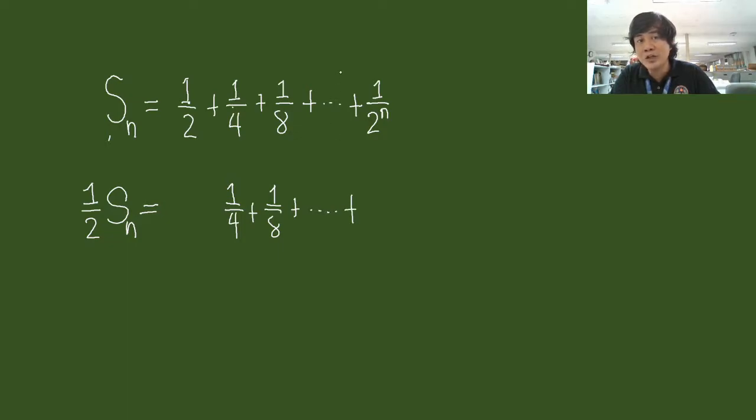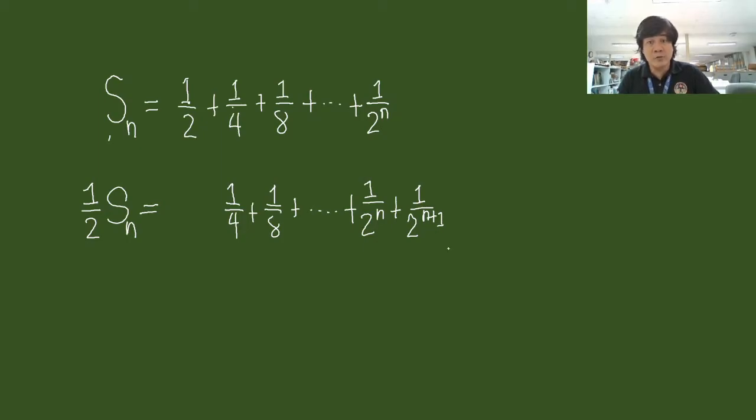You have an expression of 1/2 raised to n minus 1; you multiply that by 1/2, so you will have 1/2 raised to n. And the last term, multiplied by 1/2, gives 1/2 raised to n plus 1.